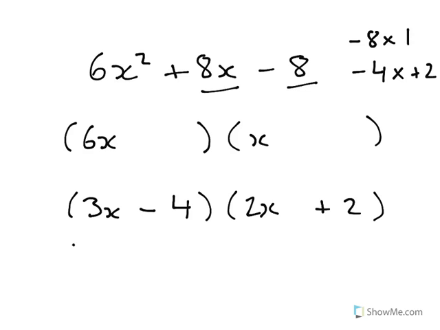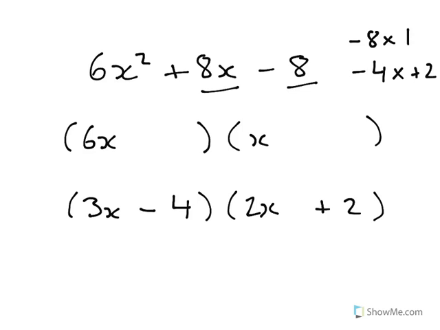We would have 6x squared, then we would have minus 8x plus 6x minus 8. So this one is not going to give us plus 8x, so we have to try some different combinations. And we just keep on trying and plugging in numbers here until we get the right answer.